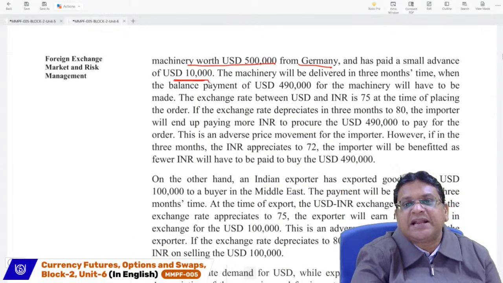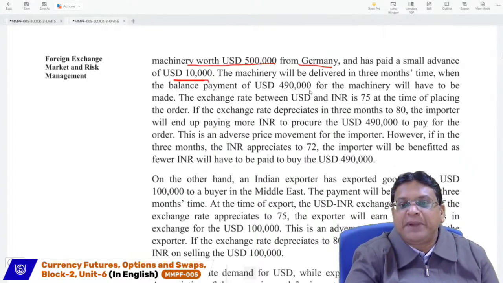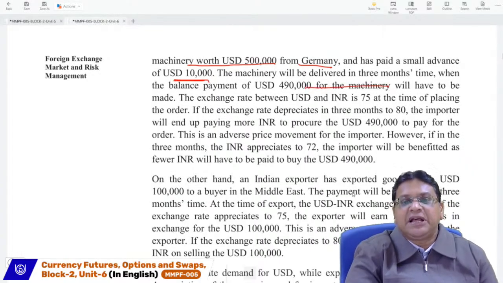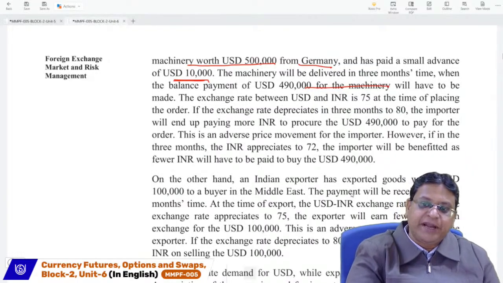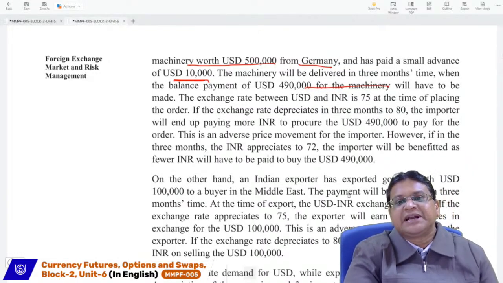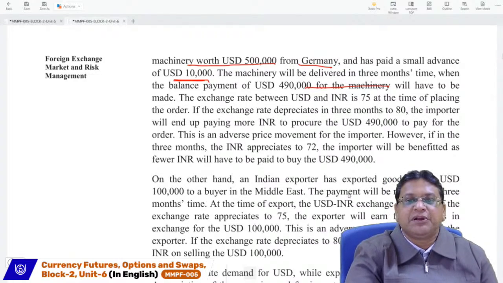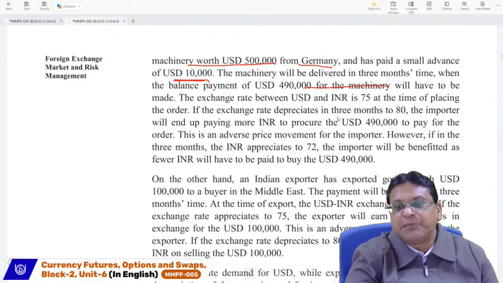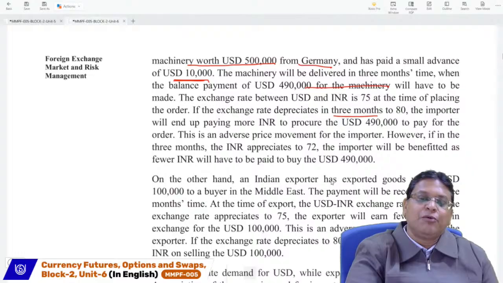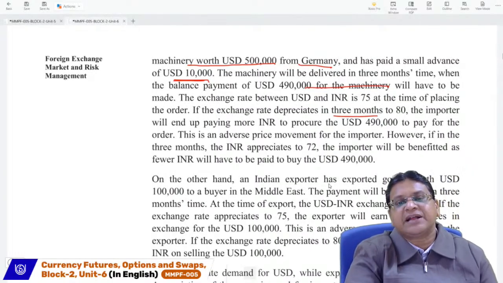So for the rest, 4 lakh 90,000 dollars, payment has to be made after the credit period. Suppose the credit period is 3 months. So after 3 months, the company has to pay 4 lakh 90,000 US dollars.